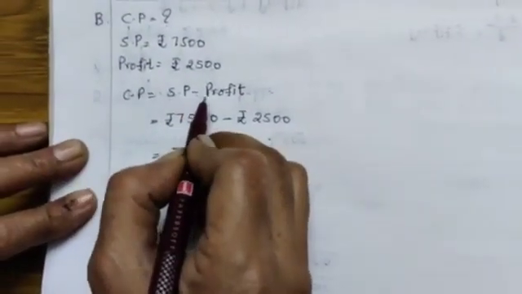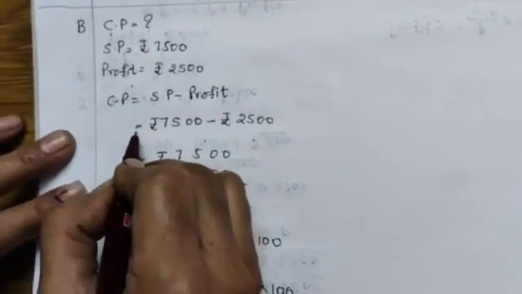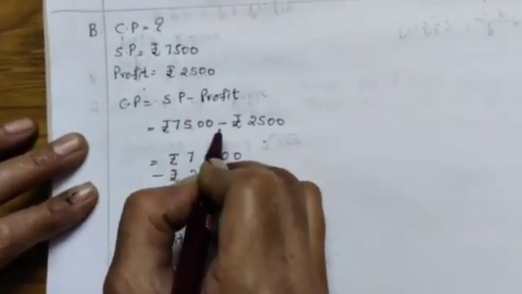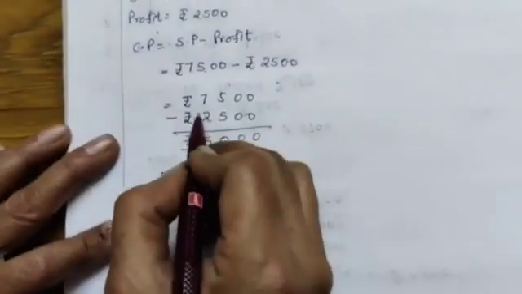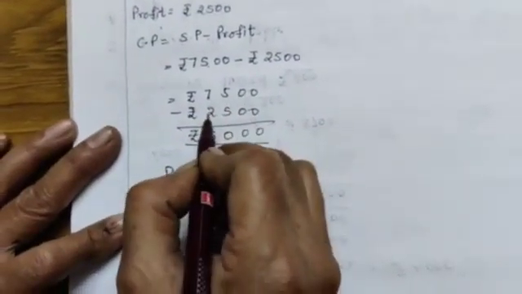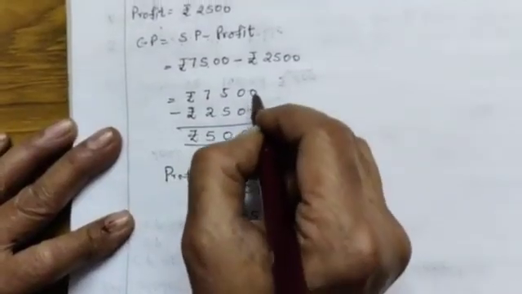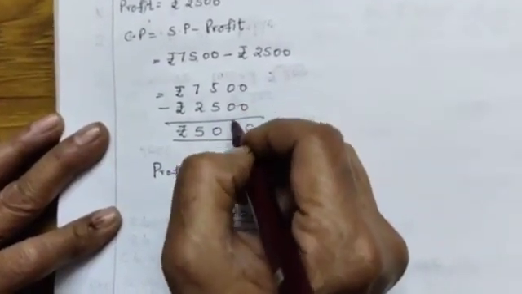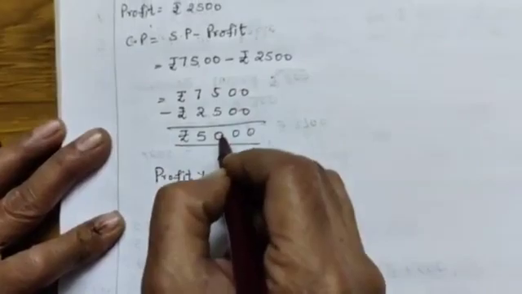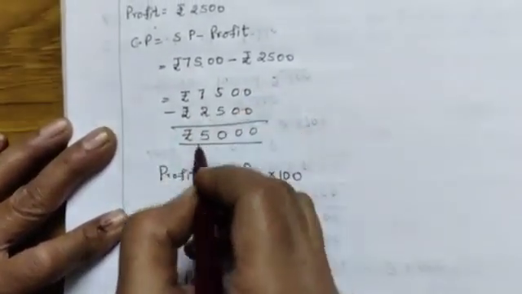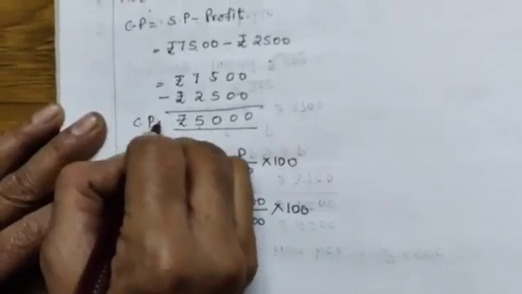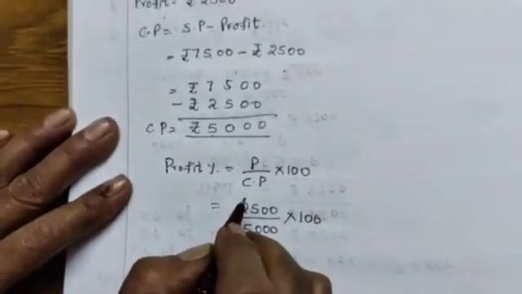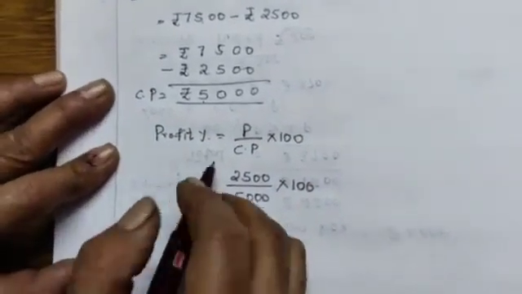So SP minus profit is rupees 7500 minus rupees 2500. 0 minus 0, 0, 0 minus 0, 0, 5 minus 5, 0, 7 minus 2 is 5. So cost price is rupees 5000. Now did he get profit or loss, children?